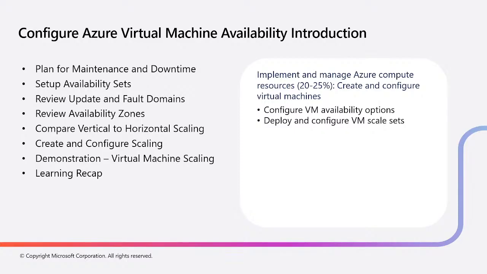Another thing is for us to compare what we call scaling. We're going to be comparing vertical scaling and horizontal scaling, and how we configure this scaling. We are going to see a real-life example of why or how this scaling actually benefits most organizations.